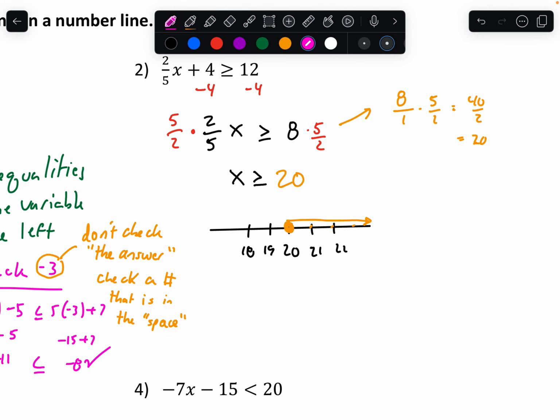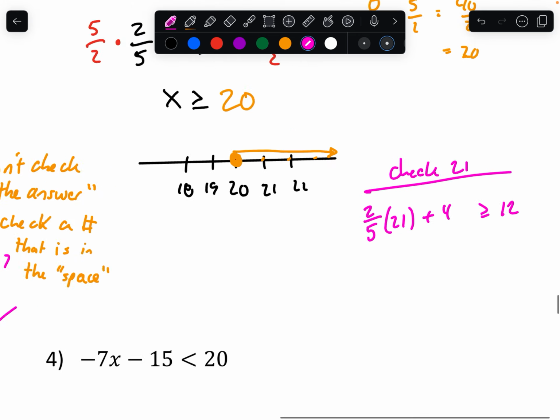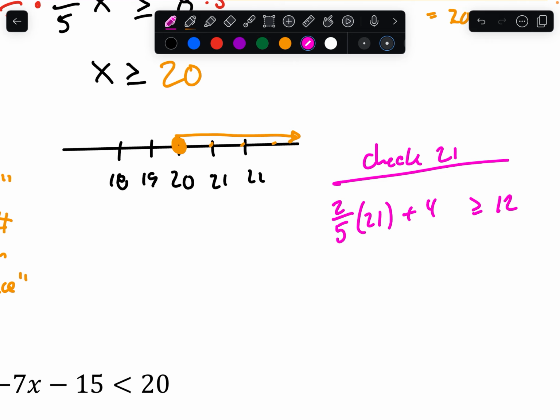So as far as the check goes, I'm going to check 21. So 2/5 times 21 plus 4 is supposed to be greater than or equal to 12. So 2/5 times 21 is 2 times 21, which is 42, divided by 5. 42 divided by 5 is 8.4.